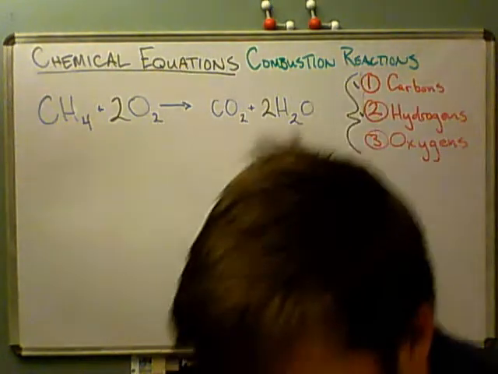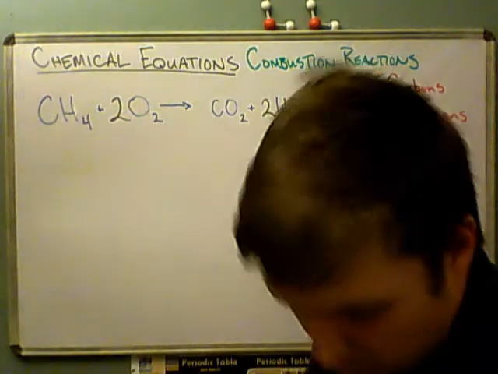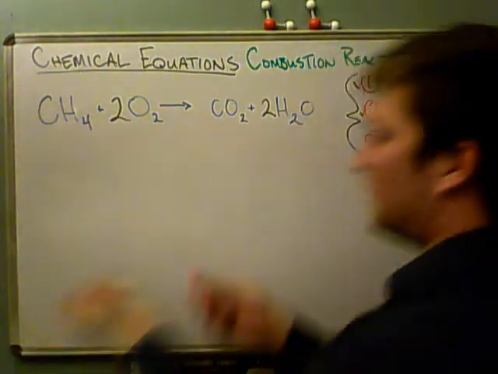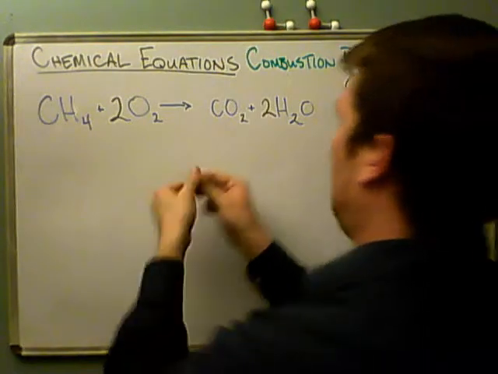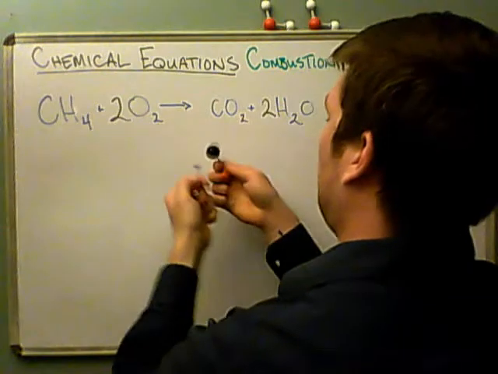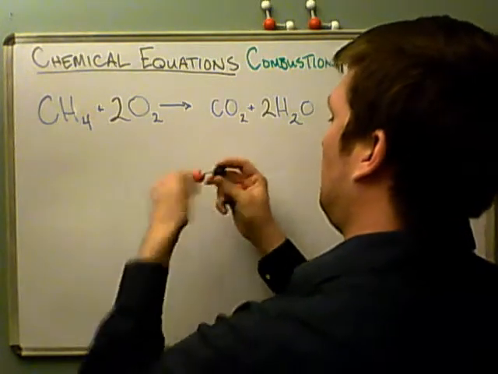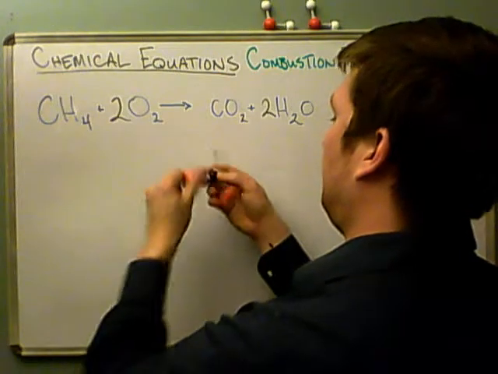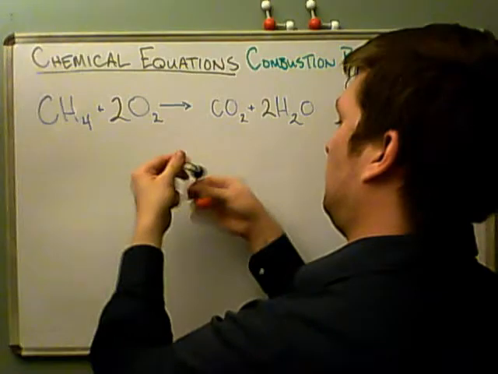And now, with the remaining O2, because we started off with 2 O2s, and that remaining carbon, let's see if this works. Well, I could add this one to that, this one to that one, and sure enough, now I have CO2.